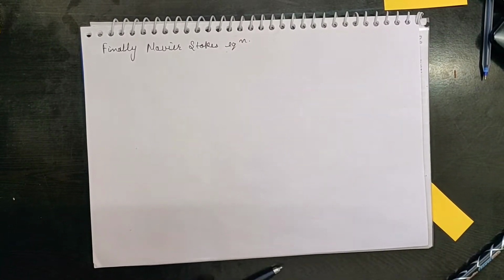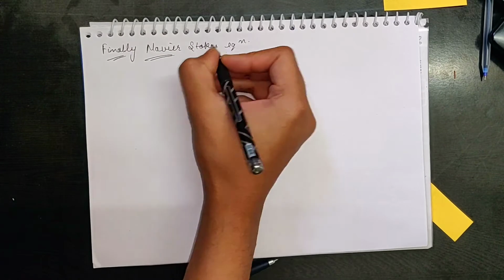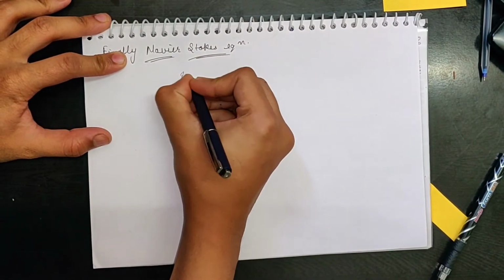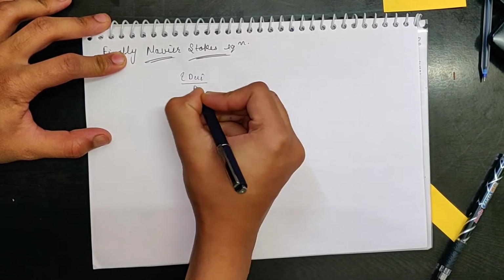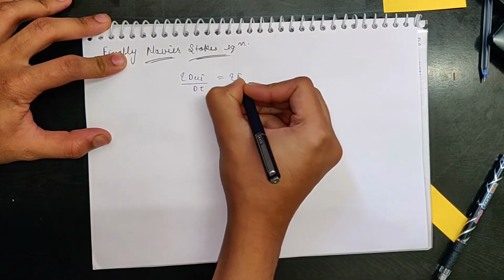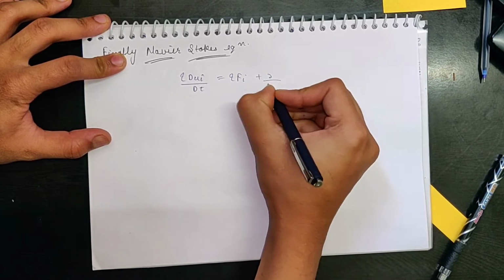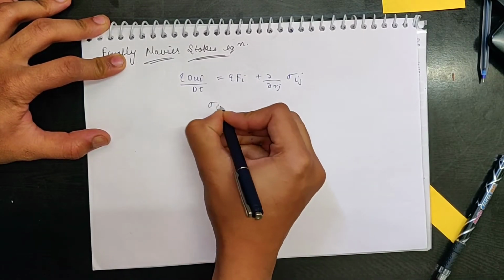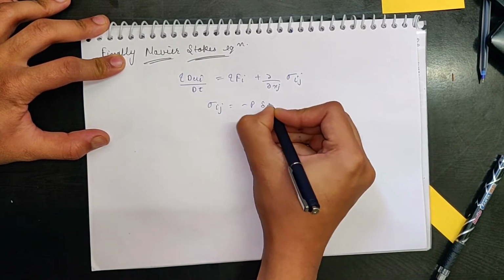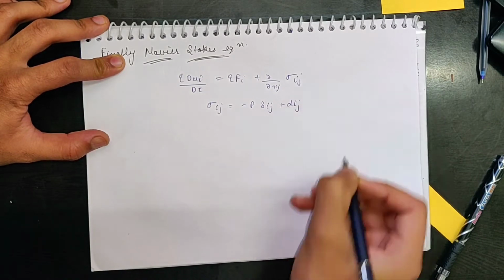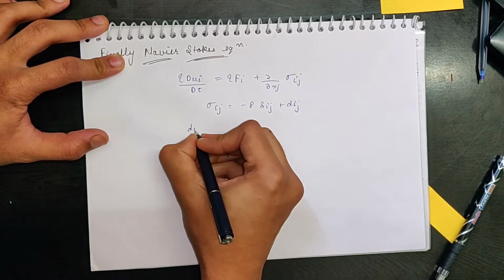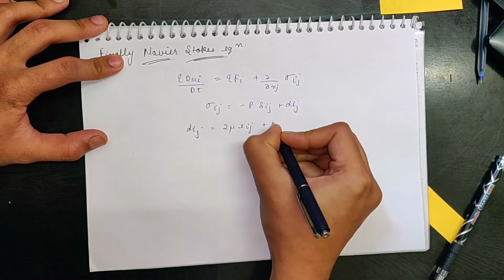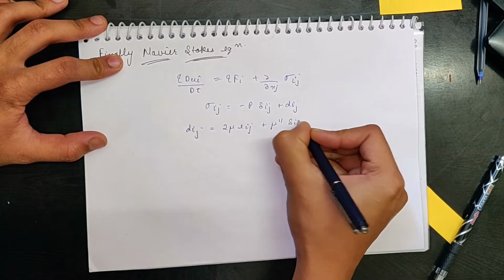So okay, now we can finally arrive at the expression of the Navier Stokes equation. We started from this in the equations of motion derivation, and we have already defined that sigma ij is minus p delta ij plus dij, and then we obtained the dij expression as 2 mu eij plus mu double dash delta ij ekk.